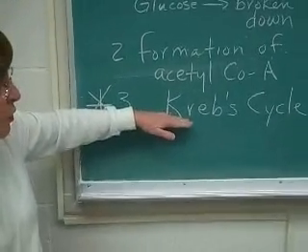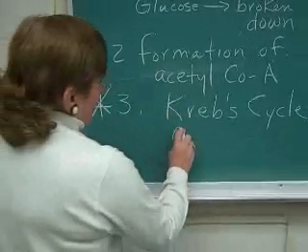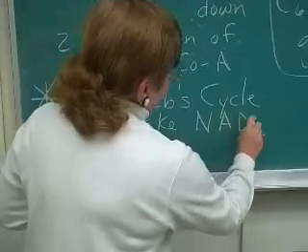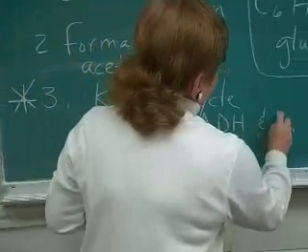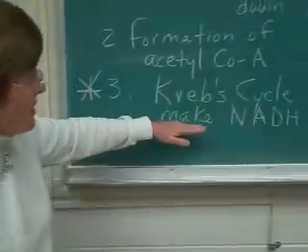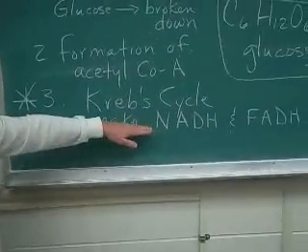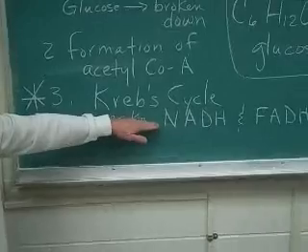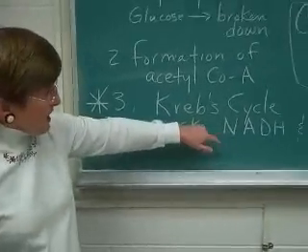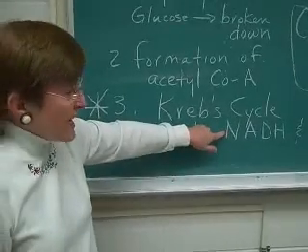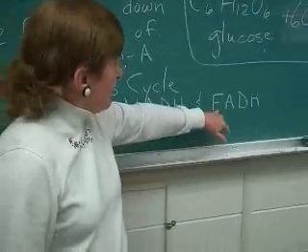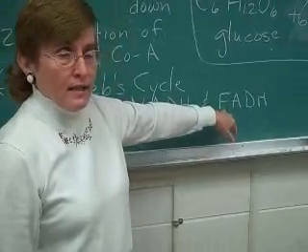It allows the organism to make reduced molecules like NADH and FADH, and these molecules are coenzyme type molecules that ultimately allow us to make ATP. We can make 3 ATPs for every NADH molecule that's reduced, and we can make 2 ATPs for every FADH molecule that's reduced.